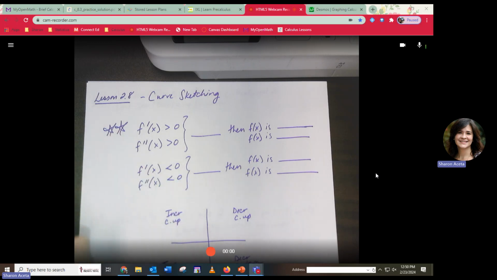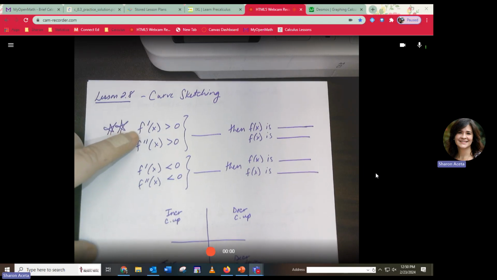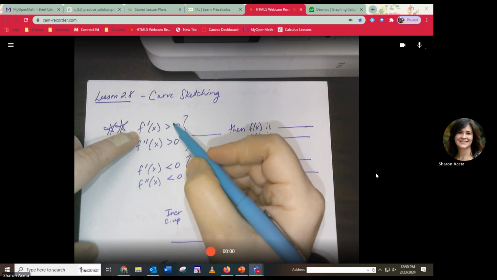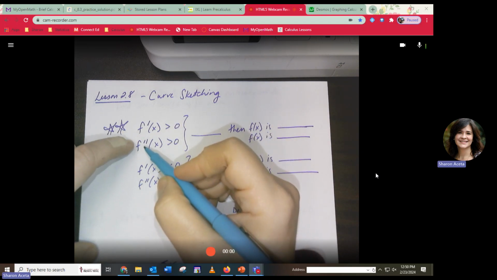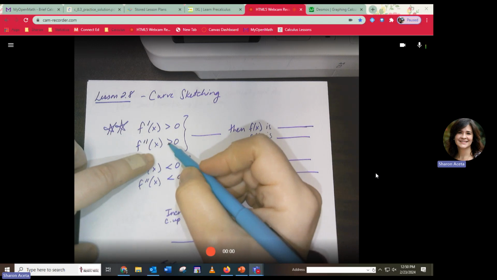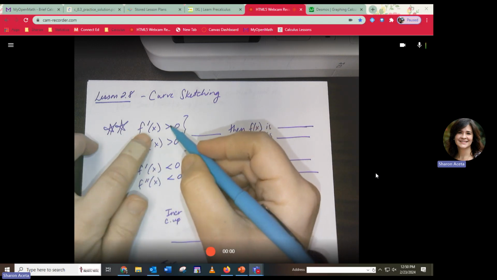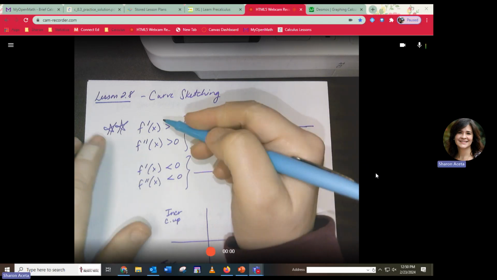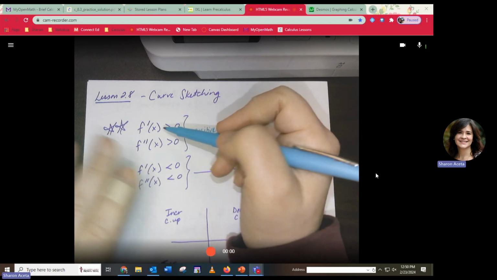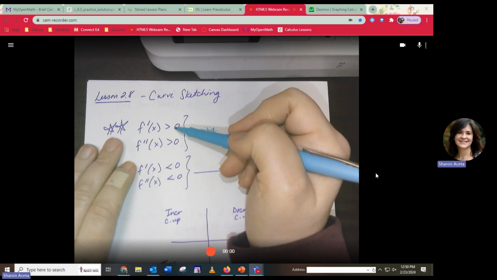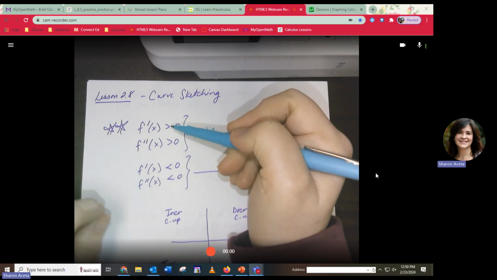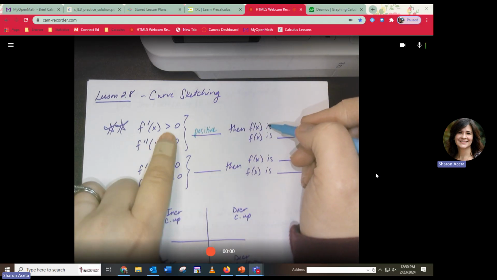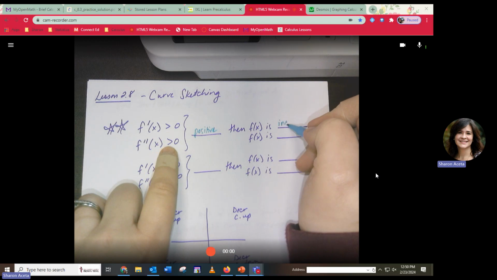Sorry about my boo-boos. The first derivative, that's what this is saying. If it's greater than 0, or even if it's written like this, a second derivative, that's what that notation means, is greater than 0, that means you're positive. So if you're doing a sign test and you're greater than 0, there are two things going on. If your first derivative is positive, your original function is increasing.